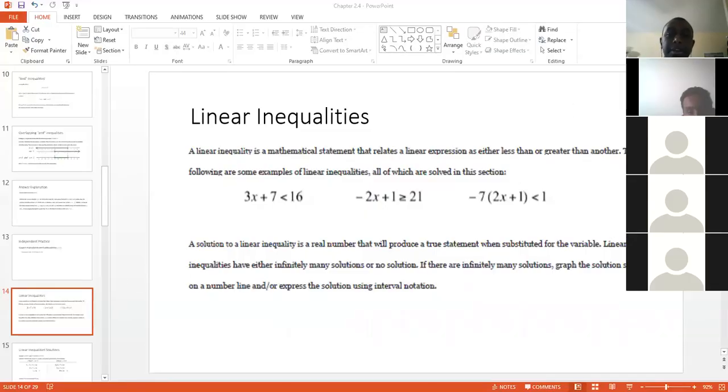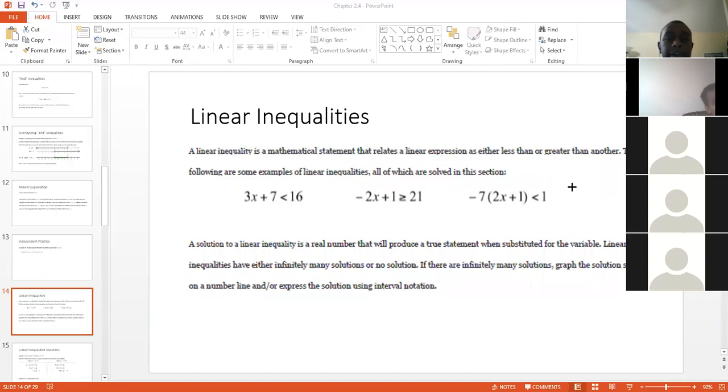Okay, since everybody's back, we're gonna resume. We're halfway done. So linear inequalities. A linear inequality is a mathematical statement that relates two linear expressions as either less than or greater than each other. So last time we were working with linear equations, on Tuesday last week.